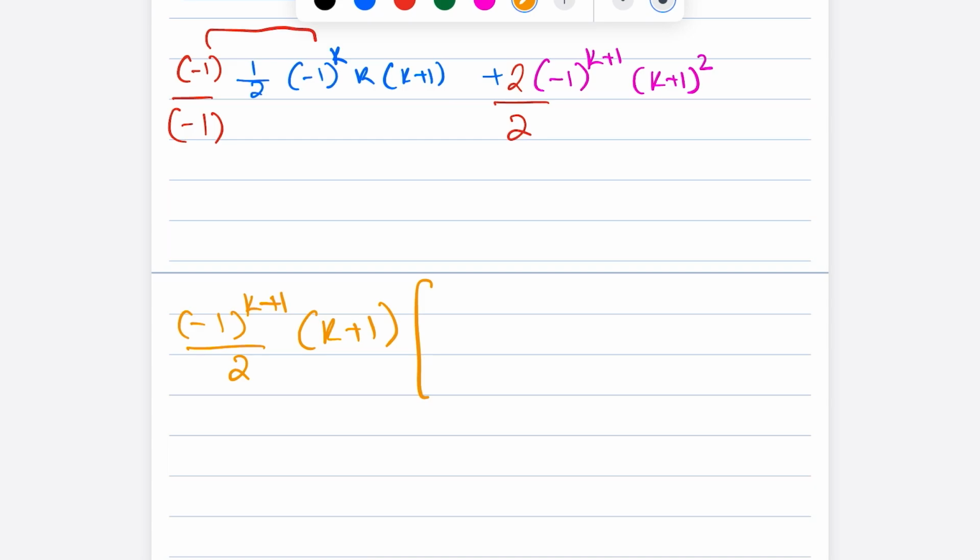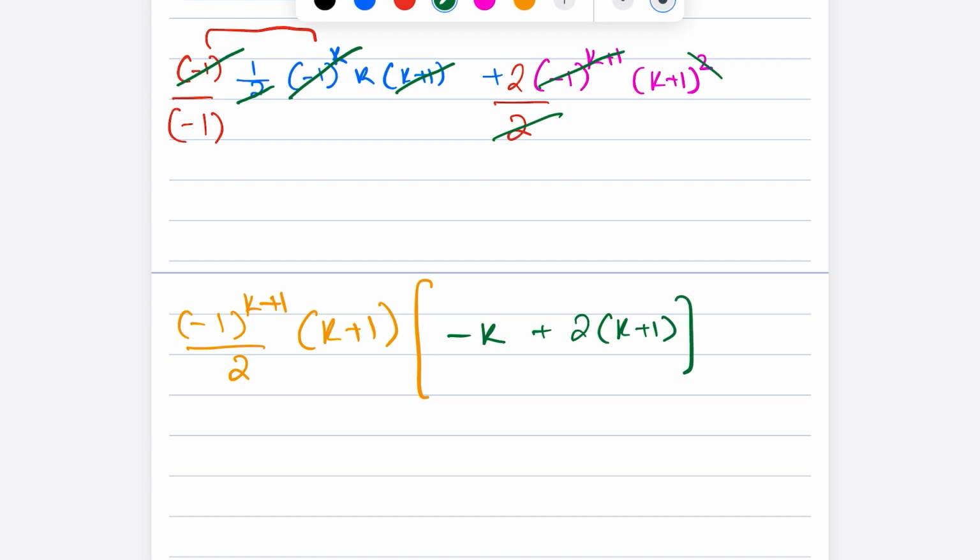So what is left over now? Minus 1 whole to the power of k plus 1 is gone, 2 is gone, k plus 1 is gone. So what is left over? k upon minus 1 is left over, so minus k. Then over here, 2 is gone, minus 1 whole power k plus 1 is gone, k plus 1 is gone. So what is left over? 2 times k plus 1 is left over.